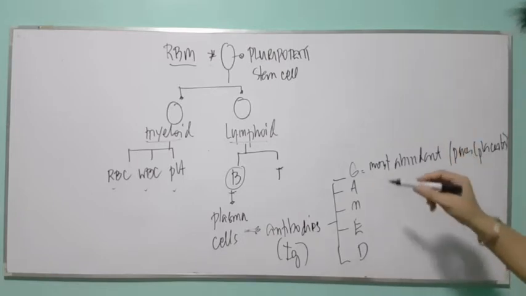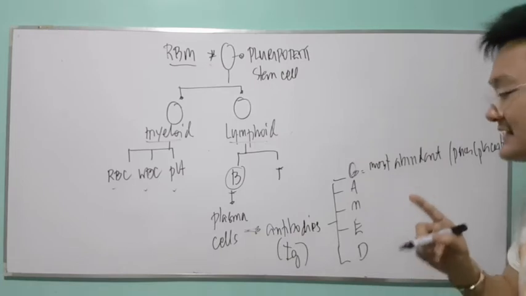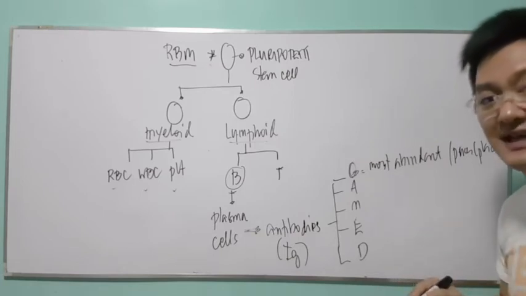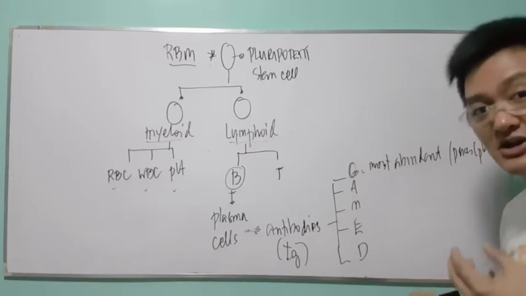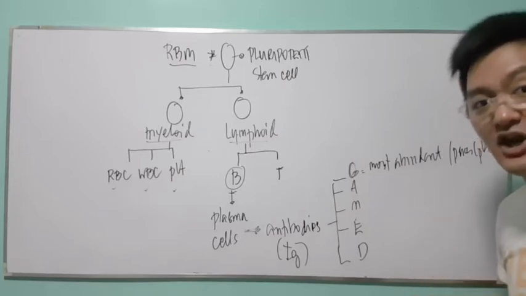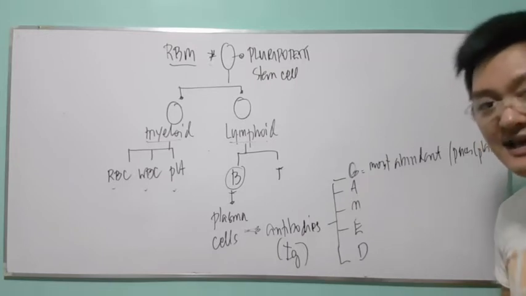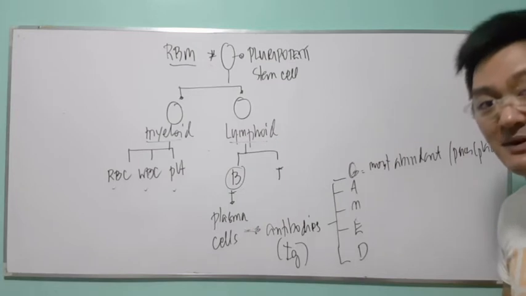And another thing, immunoglobulin G is the immunoglobulin that serves as a precursor for demyelination. Remember demyelination? Destruction of your myelin sheath. If demyelination happens in the CNS, you call that multiple sclerosis. If demyelination happens in the PNS, you call that Guillain-Barré syndrome.